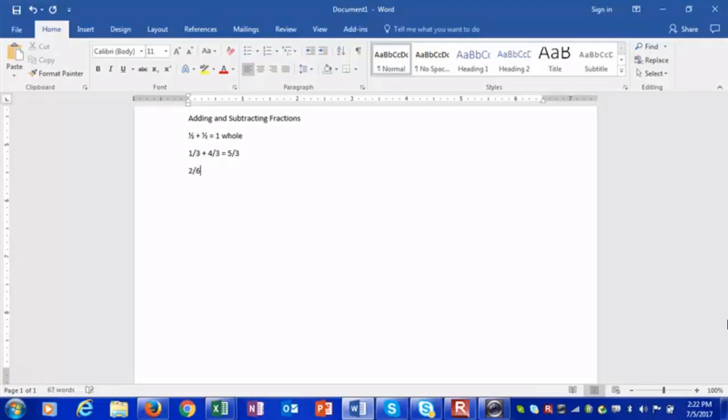How about 2/6 plus 2/6? Same denominator, so that means we can add the numerators. 2 plus 2 is just 4/6. But 4/6 can be reduced or simplified if you look at it that way. What number can be divided into both 4 and 6, therefore simplifying the fraction?